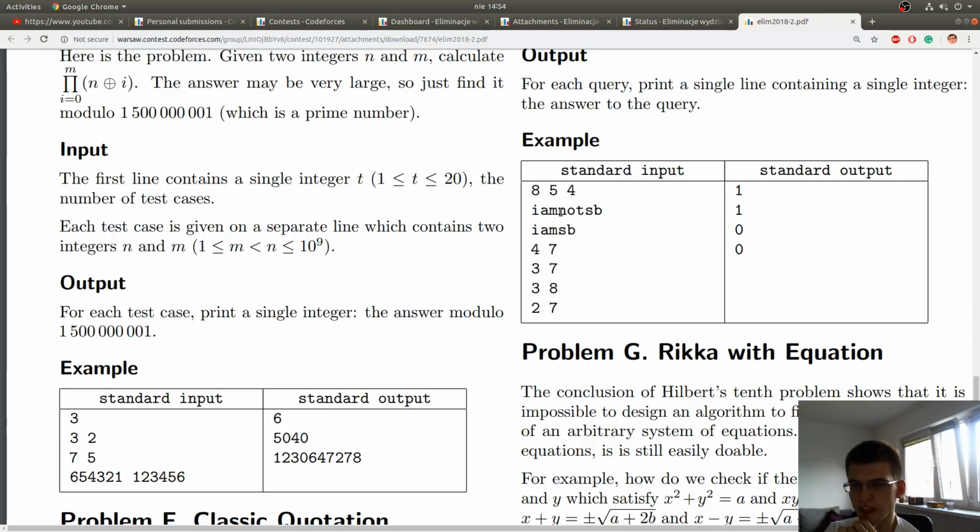In the first query, if the prefix was IAM and the suffix was SB, then we indeed have an occurrence of the small string. But if the prefix was IAMN, then SB, we don't have an occurrence, because an occurrence means a substring that exactly matches the small string.